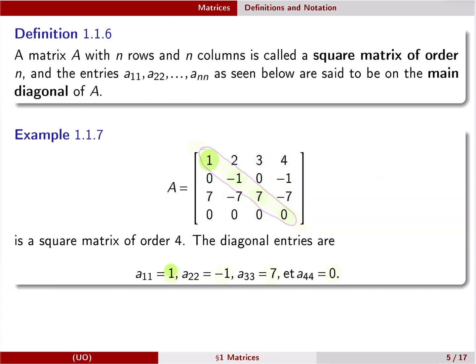So 1 is the a_11 entry, -1 is the a_22 entry, and 7 is the a_33 entry. And finally, that 0 here is the entry on the fourth row, fourth column, so the a_44 entry. And here, it's important to notice that there's only one diagonal, so you are not using geometry here anymore. So only the entries where the row number and the column number are the same are diagonal elements.